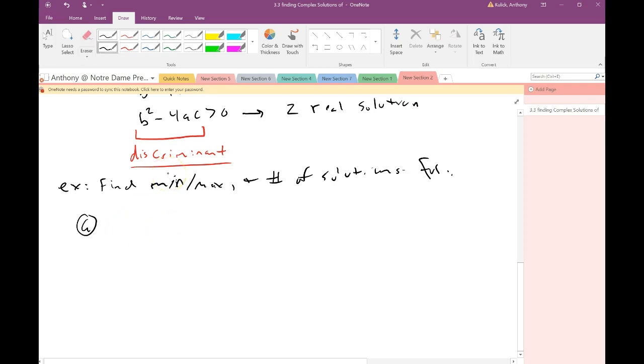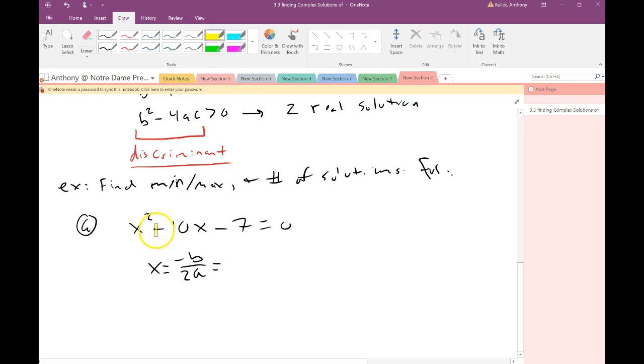Since we're doing that together, that minimum or maximum occurs at negative b over 2a.